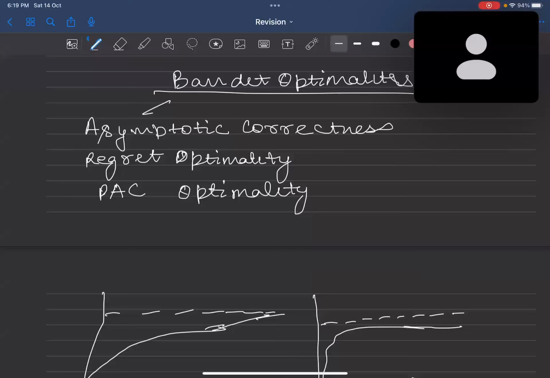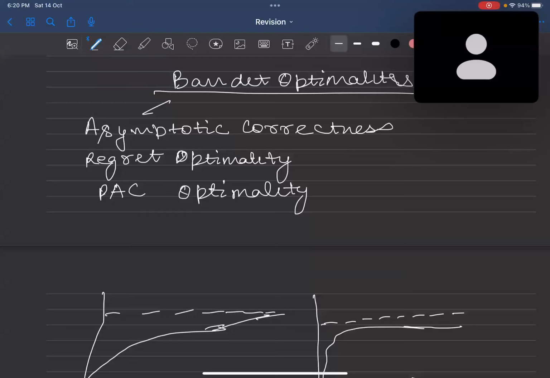Correct. Basically, asymptotic correctness means that if I put no bounds on you, it guarantees that you will select the arm which gives the highest payoff. In the MAB approach, if I apply any MAB algorithm infinite times, it will always converge to optimal or near optimal.